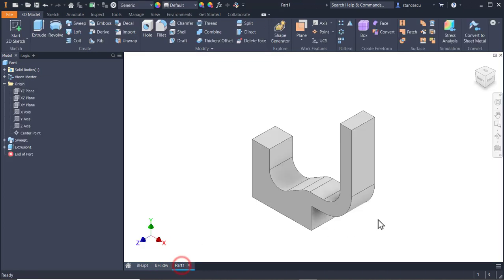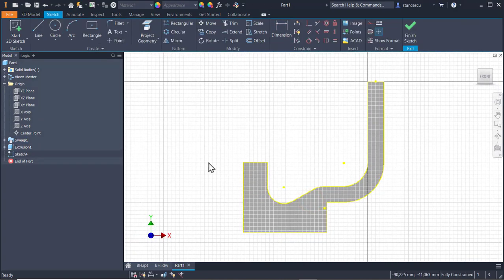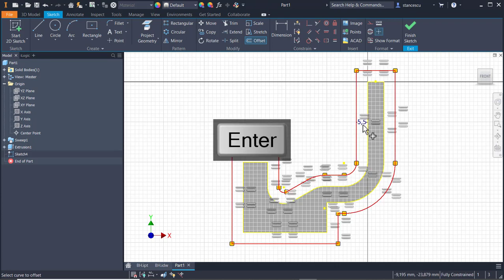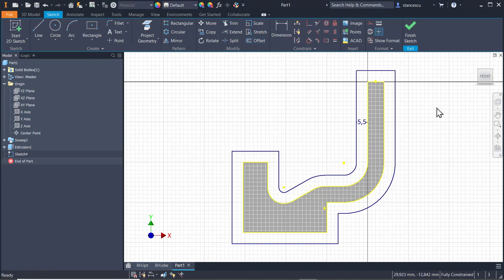Let's create this on this face. Yes. We make an offset of 19 minus 8 divided by 2, this one, and then we eliminate the unwanted entities.